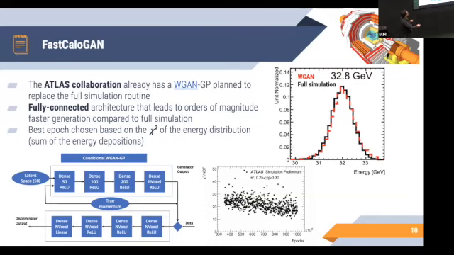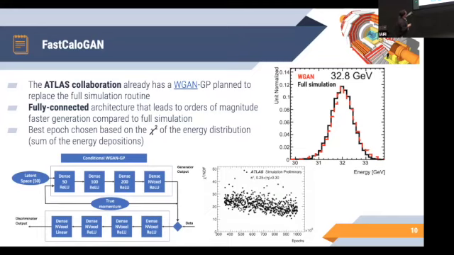So for example, if you look at this histogram on the right, if I have an electron with this fixed energy and I keep shooting these electrons and I want to know what is the deposited energy that these electrons are leaving in my detector, you get the histogram in black for the full simulation and in red for this Wasserstein GAN. So you can already see that it's pretty nice. It does reproduce what you want to see.